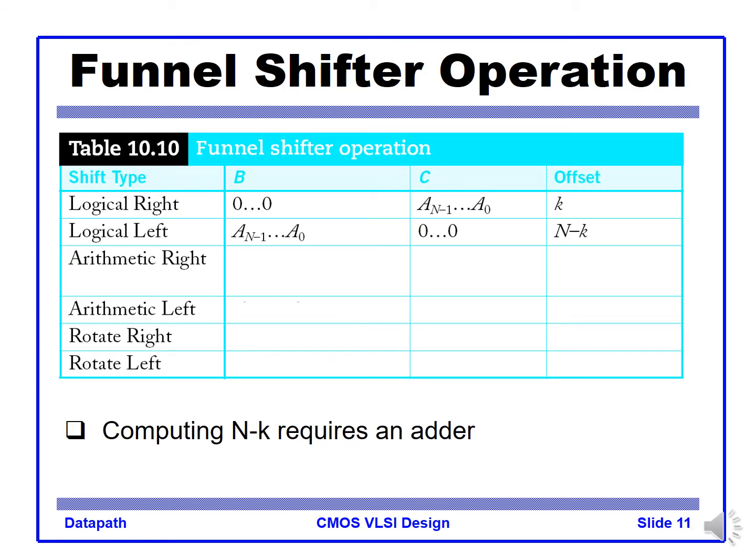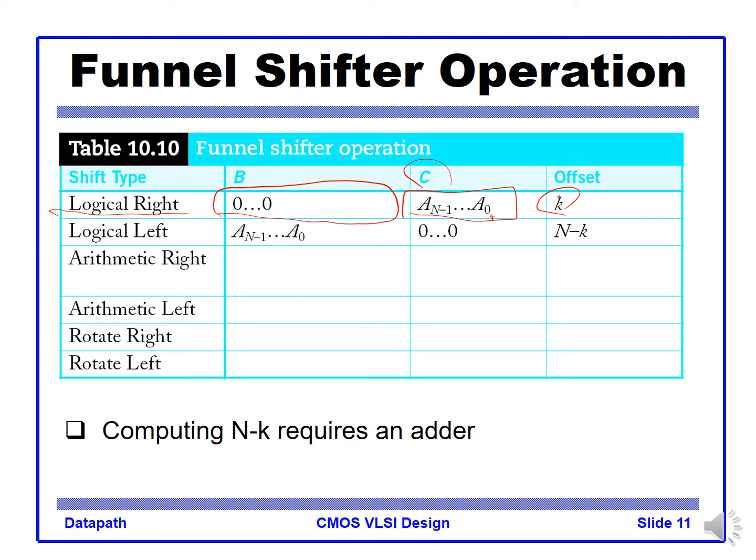For example, to implement the logical right, we fill in the B field with all 0 and the C field with the input. Now, if we want a logical right by K, then we select K from the offset.